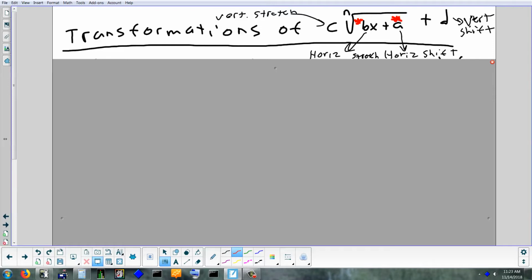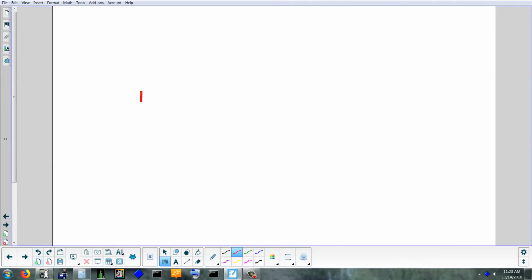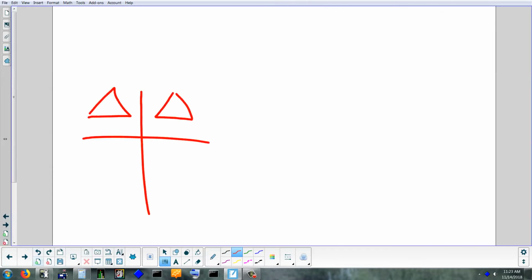Now, does anybody remember what happens when you put a negative in front of the B or the C? That causes our graph to do something. Yep, flip. Which flip? Well, look at where it is. If the negative is inside the function, that's where the horizontal stuff is, so it would do a horizontal flip. A horizontal flip is a left to right flip.